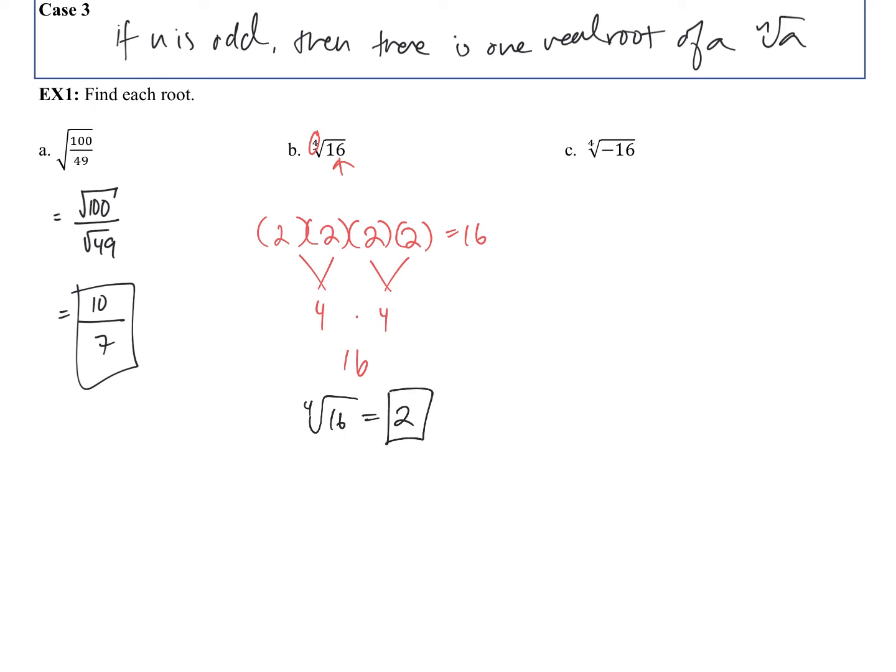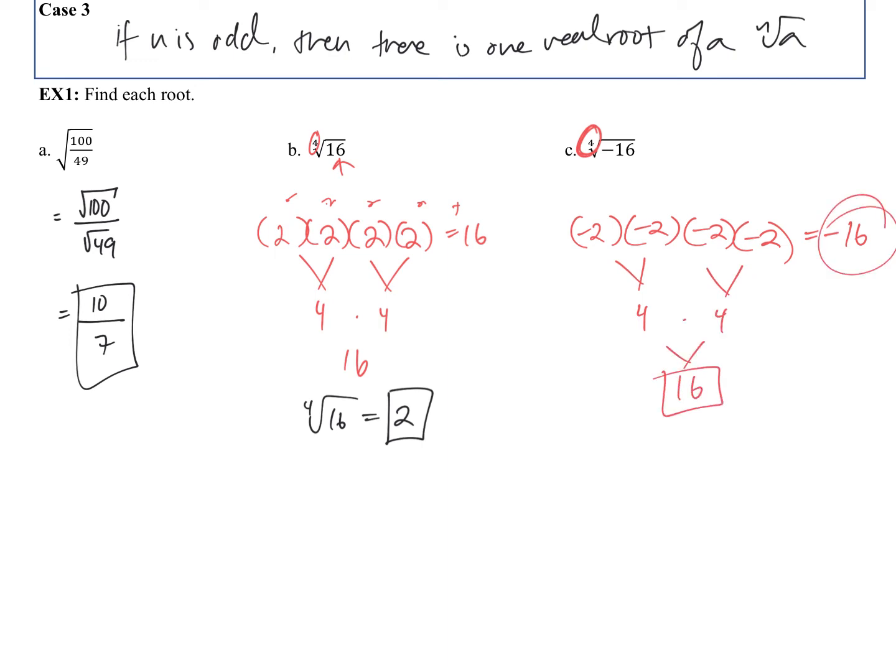And let's take a look at the next one. We want the fourth root of negative 16. So once again, we're trying to see if we can multiply a number by itself 4 times to get negative 16. Well, I know that 2 times 2 times 2 times 2 gave me a positive 16. What if I tried negative 2 times negative 2 times negative 2 times negative 2? That's the only other option I have. Well, negative 2 times negative 2 is 4, and that's also a positive 16.